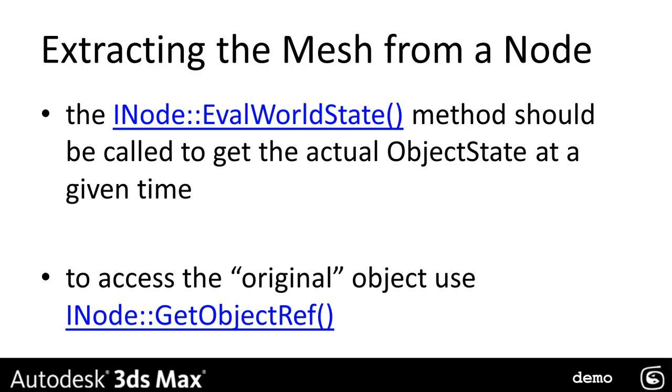You can also use the original object state by getting the object ref from the node and then getting its state. So typically you would use EvalWorldState to get it at its current time, or in a specific circumstance. Otherwise, you would go to the object reference that's stored in a node and just get the original object to use.